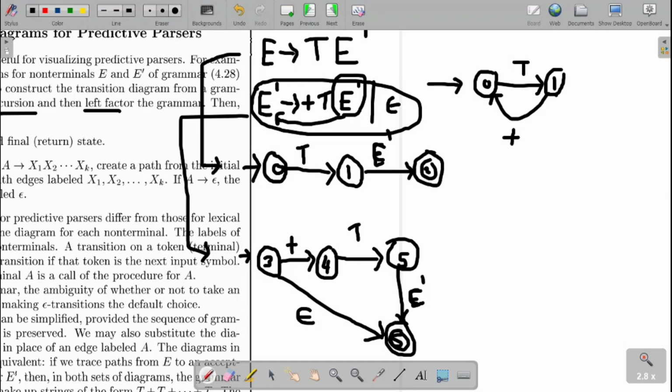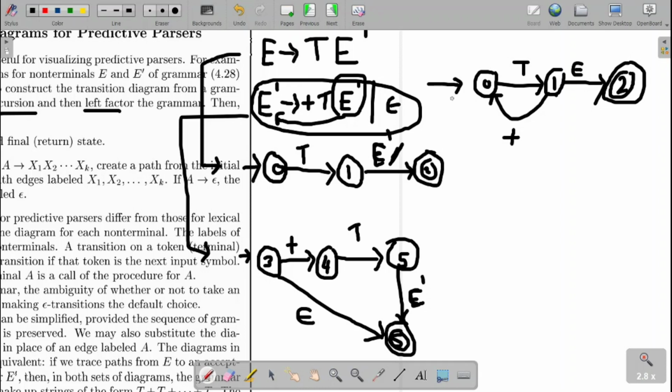I am replacing this E dash here. In place of E dash, plus T any number of times, plus T E dash, then epsilon. So in place of E dash, on epsilon I will go to my final state.